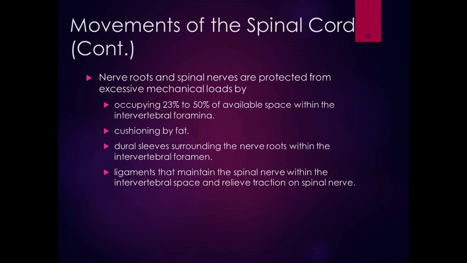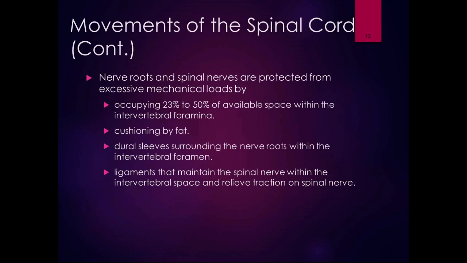So nerve roots and spinal cords are protected from excessive mechanical loads. There's a lot of space normally within the intervertebral foramen. So normally the nerves only occupy 23 to 50% of available space. So this is good. It means we have space to move. When you get stenosis of the intervertebral foramina, you end up with nerve symptoms, because then you don't have as much available space.